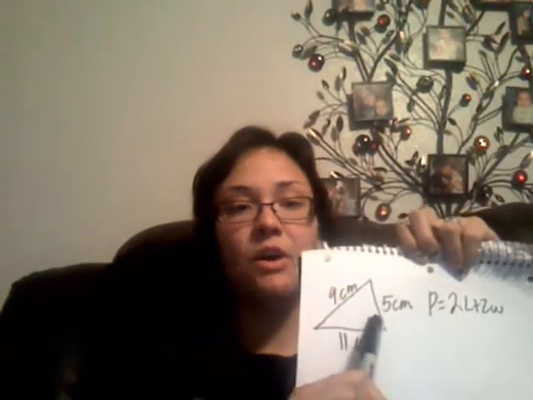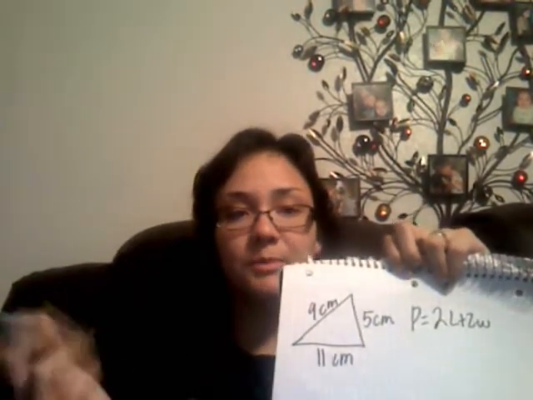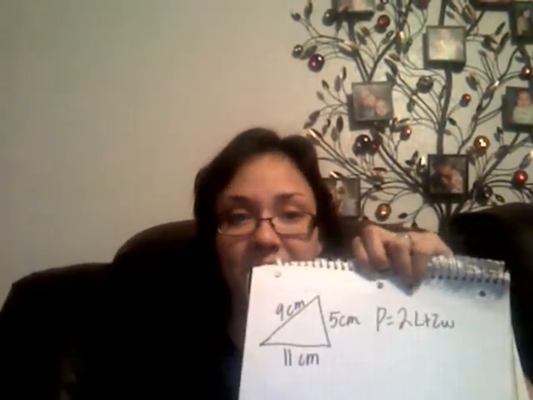Okay, so on this, once again, we're going to find the perimeter. So perimeter is 2L plus 2W. So on this one, we're going to just have to add up all the sides. We're given all the sides, and we're just trying to find the perimeter of it.